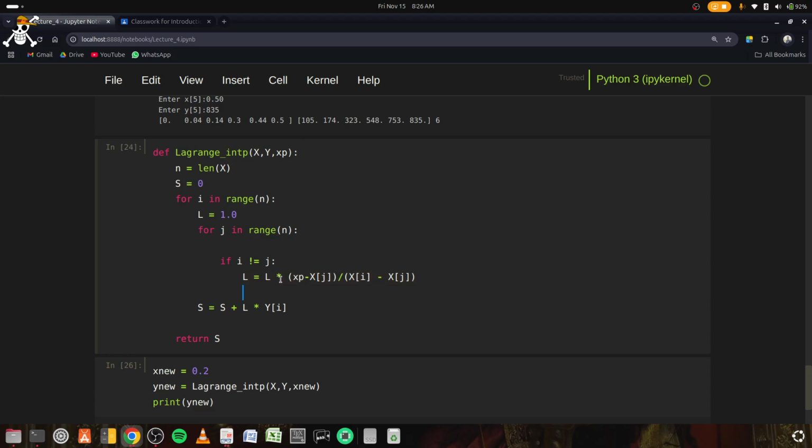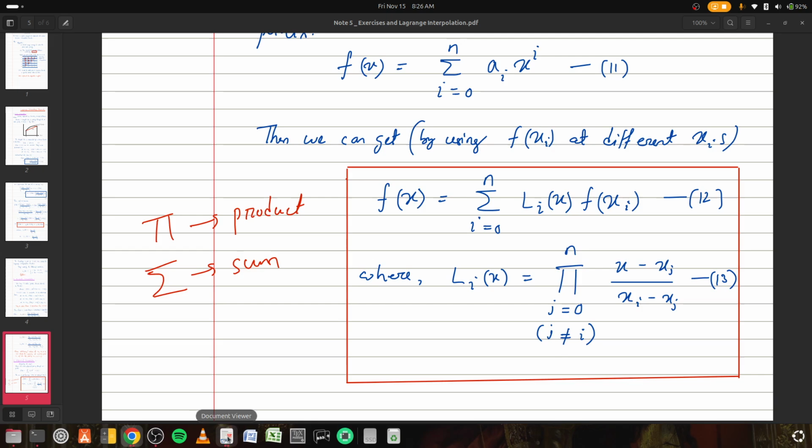L equal to L into x minus xj divided by xi minus xj. This is this quantity here. So we are doing the product subsequently, when j is equal to 0, j is equal to 1, j is equal to 2, like that we are doing the product of this quantity.